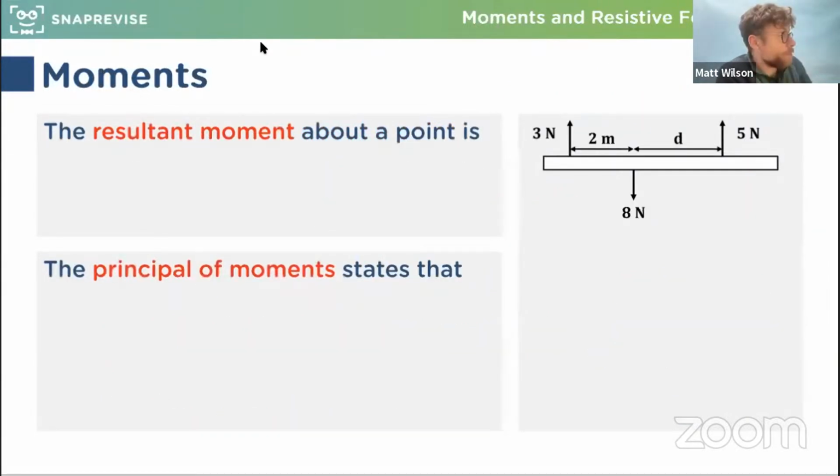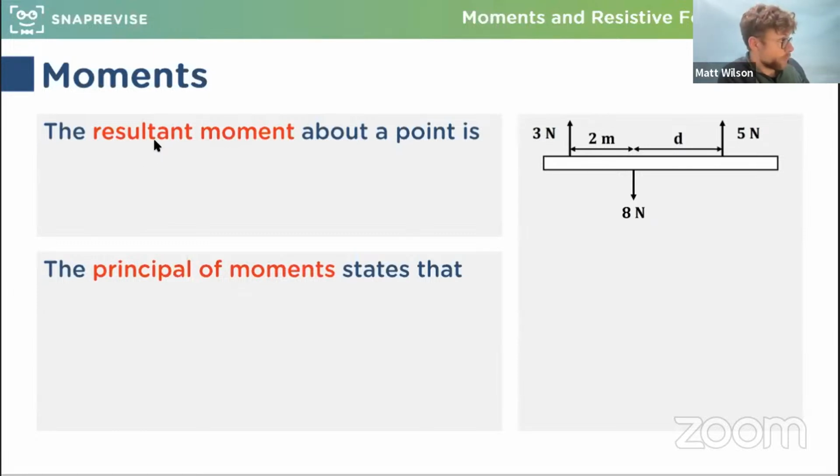So the reason we care about moments is the same reason we care about forces. We care about forces because we understand that when they're balanced, nothing happens, and that lets us calculate things. So here we're going to have to go through the same kinds of ideas as we did for forces, talking about the total moment or resultant moment, and then talking about rotational equilibrium. So let's define the resultant moment.